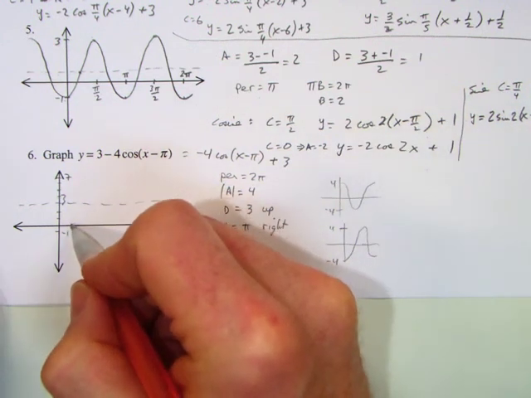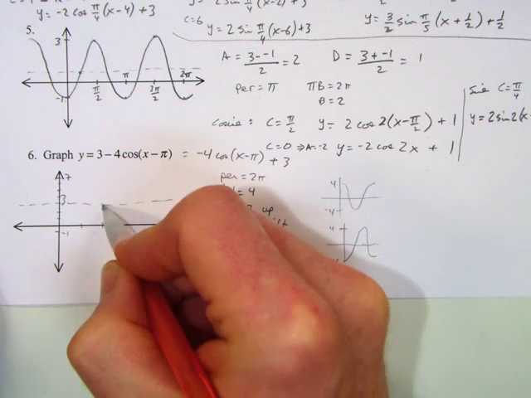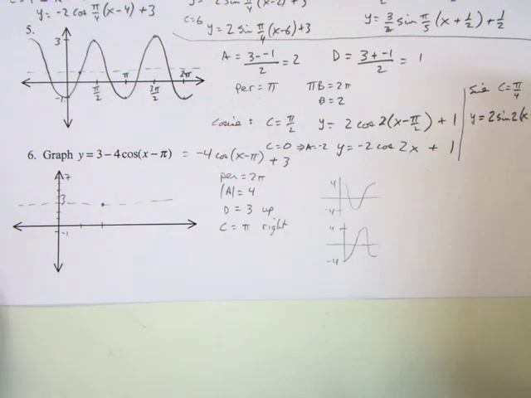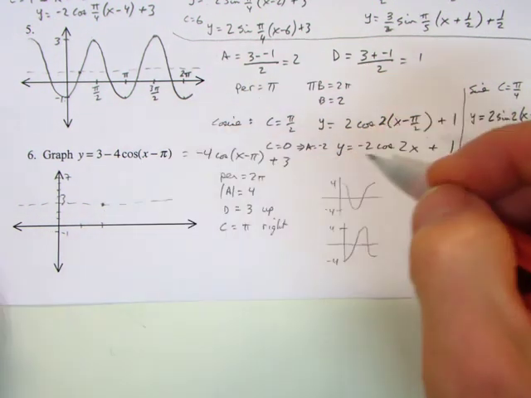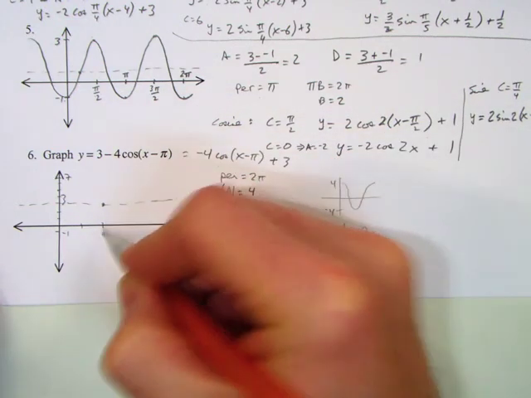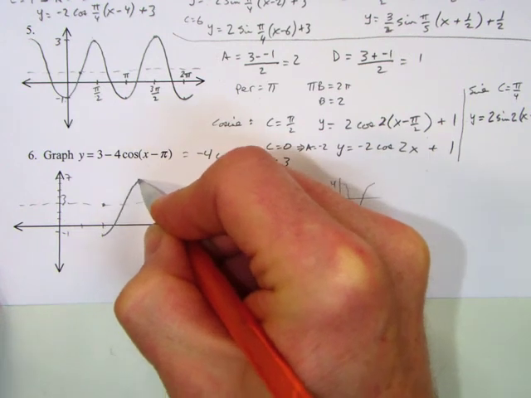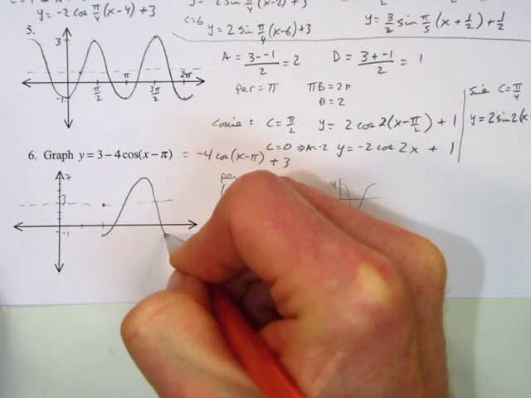and we'll go pi units right. I'll go in increments of pi over 2, so there's pi, so it's starting there. And what I can do is draw my normal cosine graph from here. It's going to be going up, and then I'll label the values.